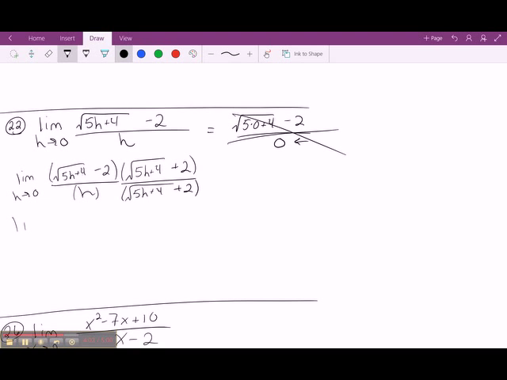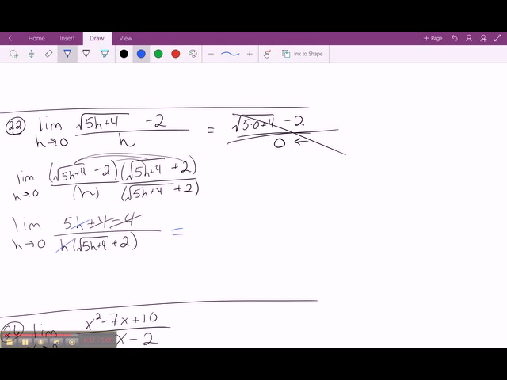And we get limit as h approaches 0. When we take a square root times itself, it gets rid of the square root. Nice thing about conjugate, outside, inside are going to cancel. So this is what we've got left. And then the plus 4 minus 4 are going to cancel. And then we've got 5h over h, and we can further reduce that because the h's are going to reduce.